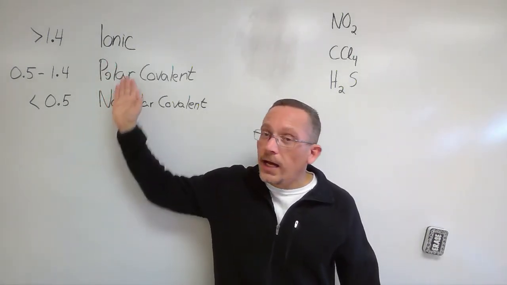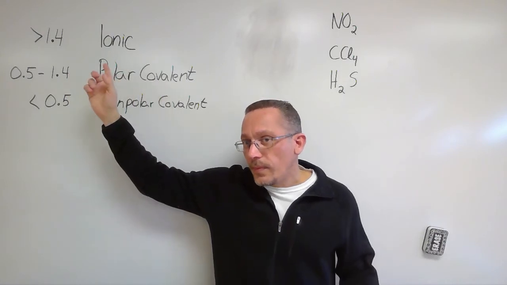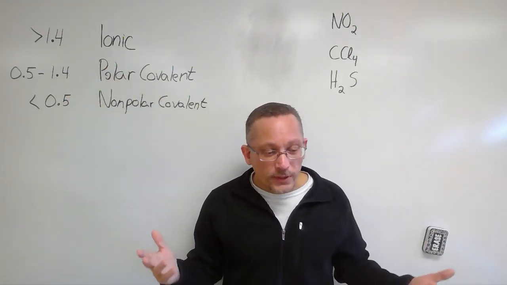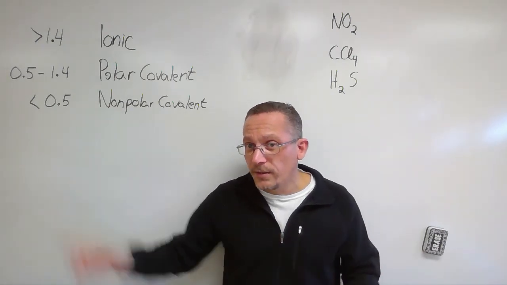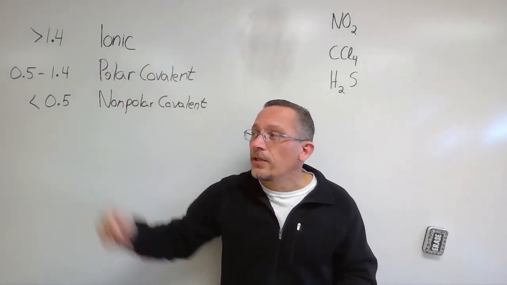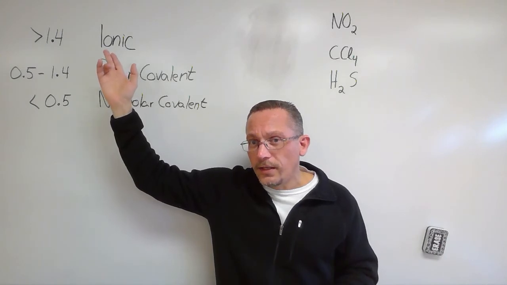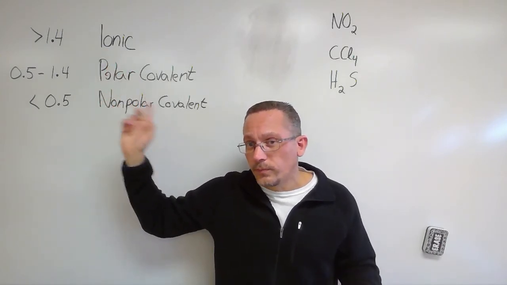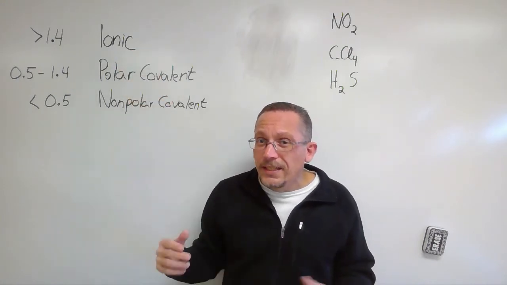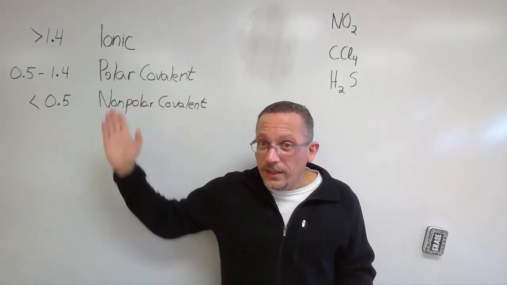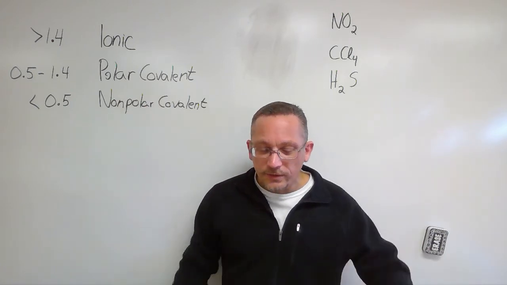And the difference between ionic and polar, well, if you get exactly 1.4, I would look at that and say, is there a metal in there? Because if there's a metal in there, then that's got to be ionic, right? Because metals form ionic compounds. They don't form covalent compounds, right? So if you have a metal, say it's ionic. If you don't have a metal in there, then it'll be polar covalent, right?